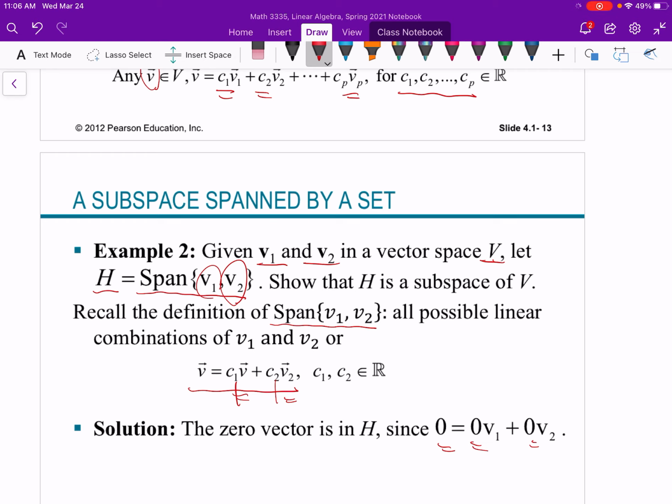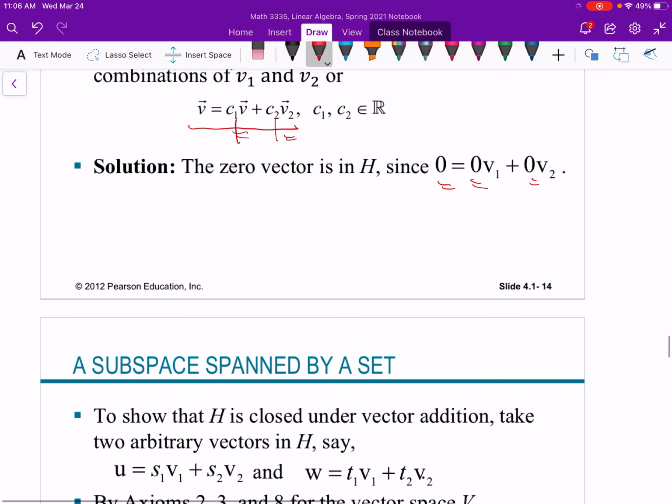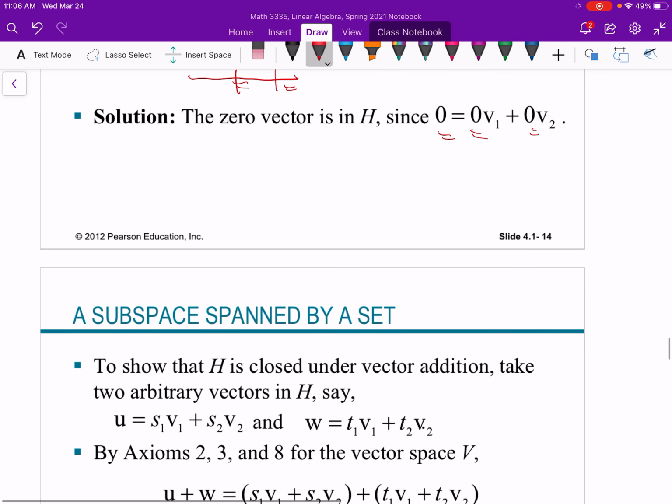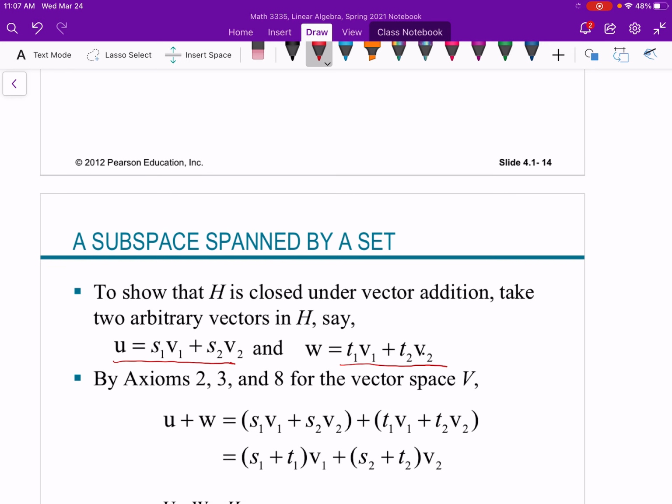Second, we want to check whether it is closed under addition. Let's pick two random elements from H, like u equal to s1 v1 plus s2 v2, and w equal to t1 v1 plus t2 v2. We add them together, following the addition rule, and collect like terms.